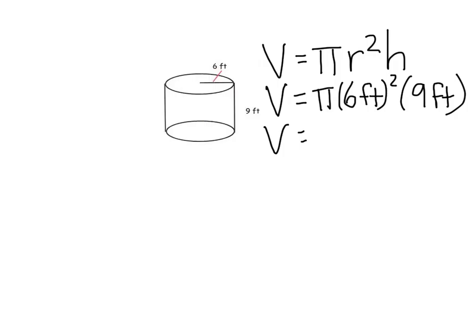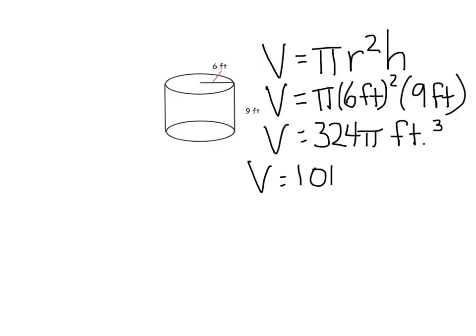And then 36 times 9 is 324. So 324 times pi cubic feet. And now let's multiply by 3.14. So we got 1,017.36 cubic feet. So how'd you do?